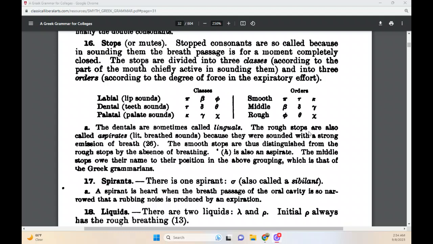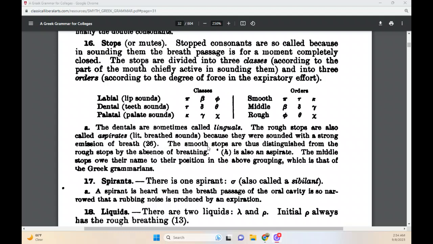The rough stops, so that would be phi, theta, and ki, are also called aspirates. That means breathed sounds because they're sounded with a strong emission of breath. That's simple enough.